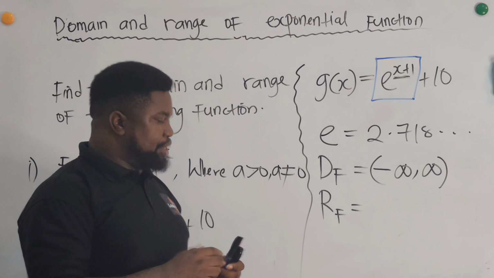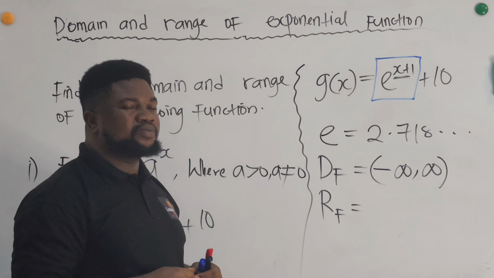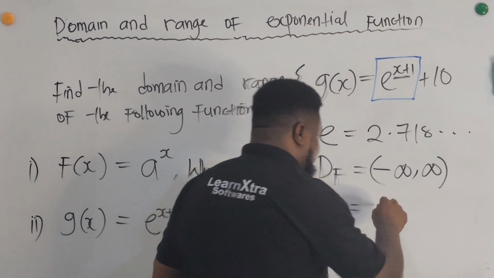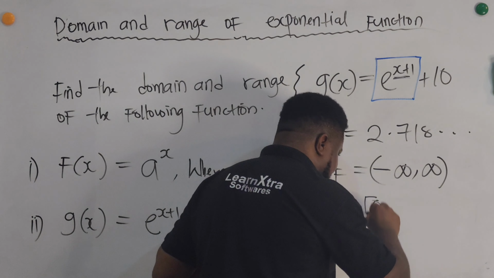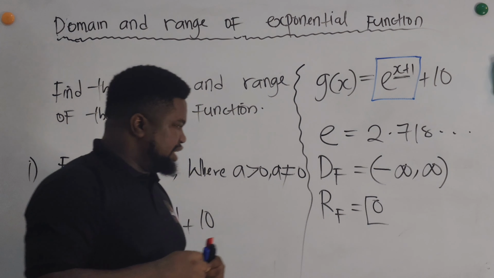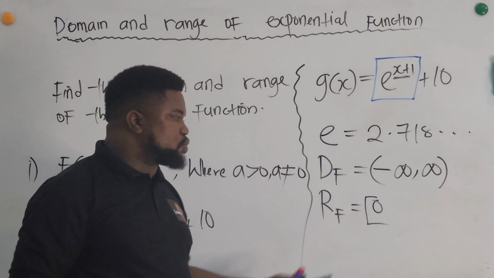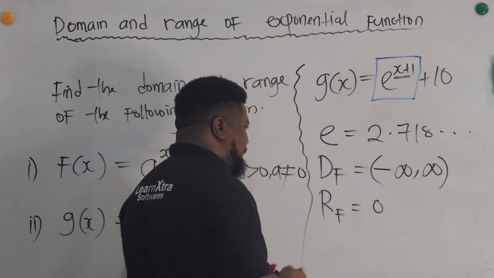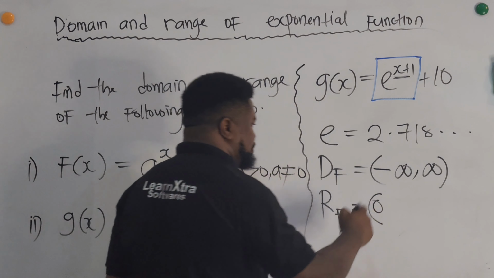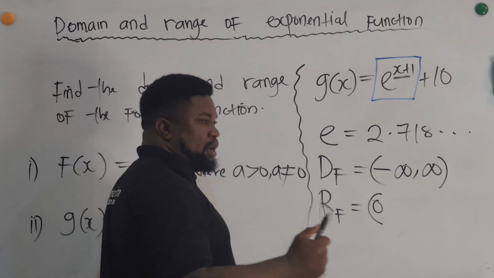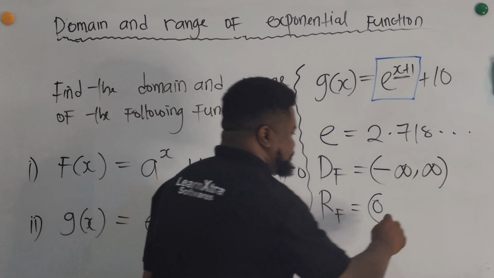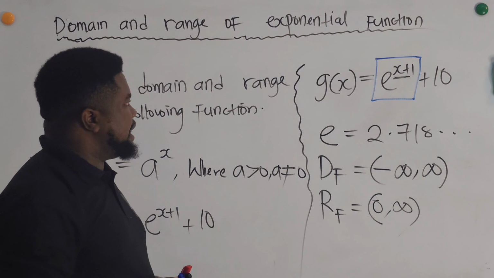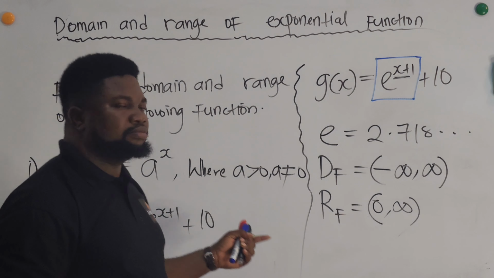Therefore, we are going to start from 0, but we don't include 0. So I will use open brackets to indicate that 0 is not inclusive. Check our video on interval notation. So from 0 to infinity, here is my range for this function.